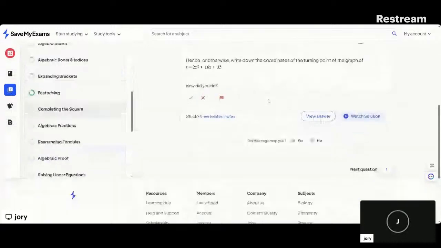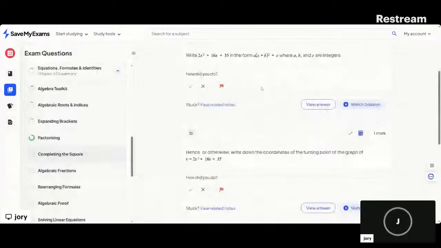Very hard questions. Write this in the form of, okay. So 2x squared plus 16x plus 35. Can I divide by 2? I cannot divide by 2. I can factor. So it's going to be 2 and then x squared plus 8x plus 35.